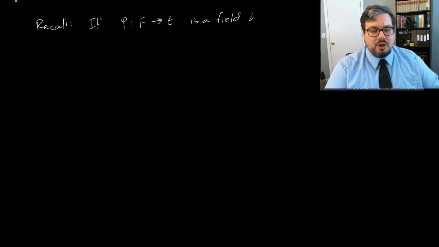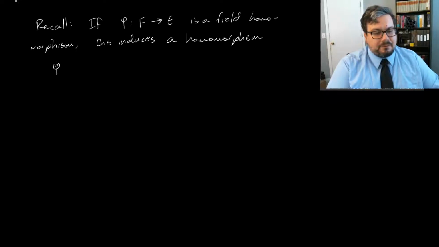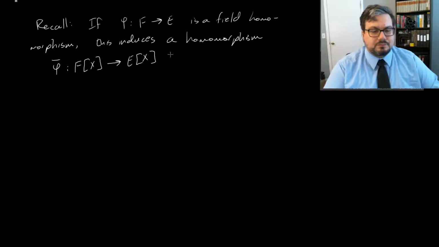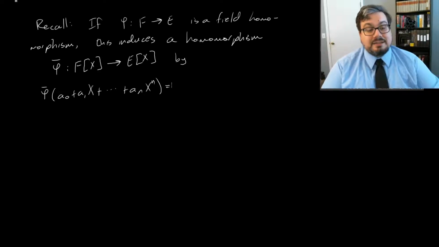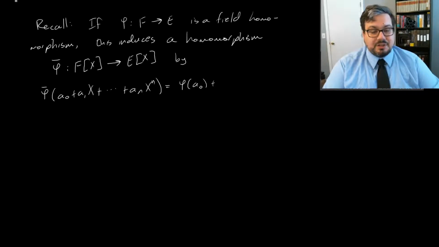So recall that if phi from F to E is a field homomorphism, this induces a homomorphism phi bar from F adjoin X to E adjoin X, where we apply phi bar to a polynomial a0 plus a1x plus etc. plus an x to the n by simply applying the function phi to each of the coefficients.